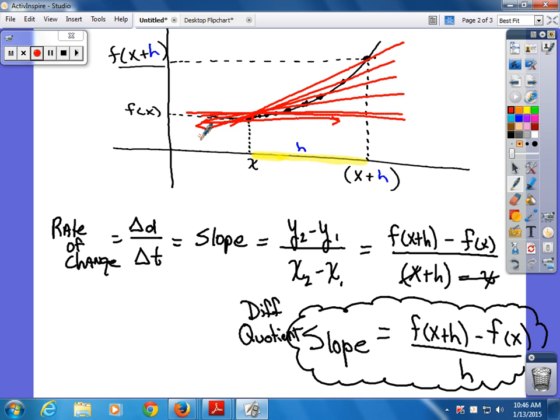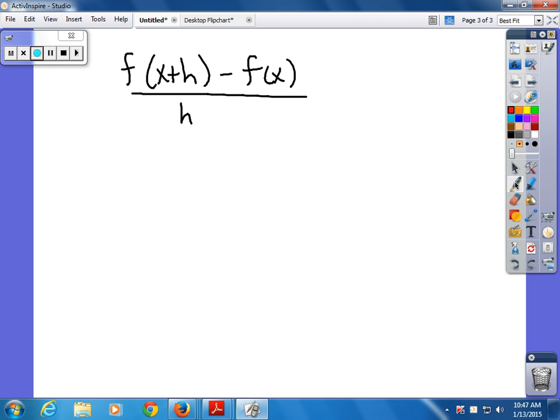Now the tangent line gives us an instantaneous rate of change, which is a little bit different from the rate of change that we got a while ago. The rate of change we got a while ago was a secant line.